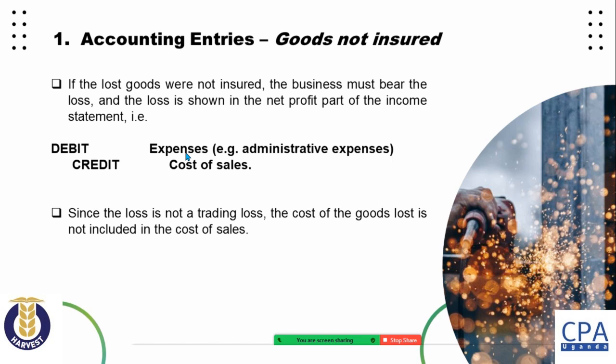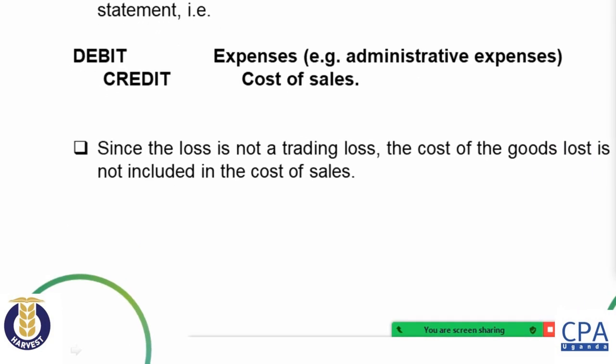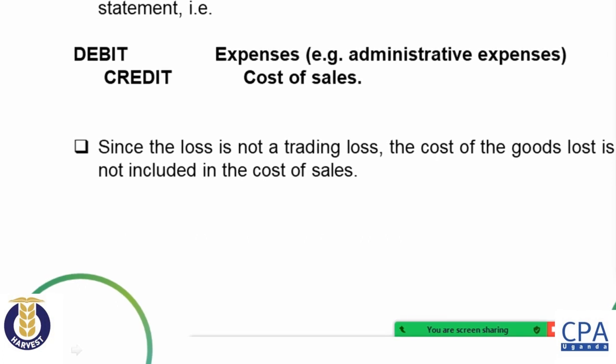So we shall debit that loss under administrative expenses and credit our cost of sales. And since the loss is not a trading loss, the cost of goods lost is not included in the cost of sales. A trading loss, when you are engaged in a transaction, buying and selling, and you make a loss, that's a trading loss.